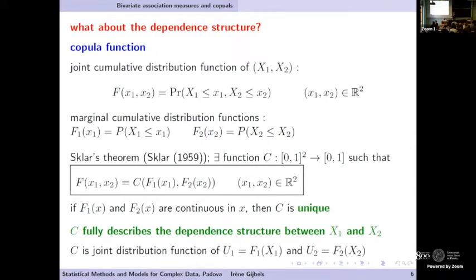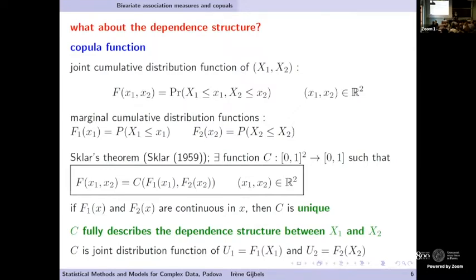But you can also go back to a very fundamental theorem by Sklar, which says that there exists a copula, which is a function defined on the unit square, taking values in [0, 1], and which is essentially the function that couples the joint distribution function between X1 and X2 with these marginals.